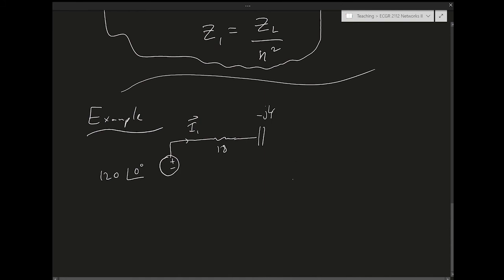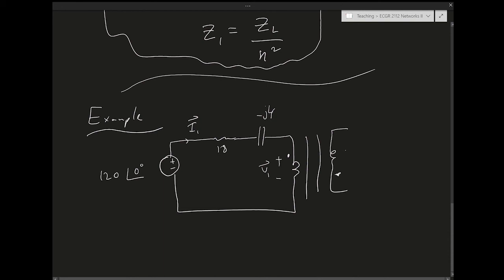Then I have the primary of the transformer, the dot is like this, and then I have V1, I have the core, and then I have the secondary, the dot is inverted. Then I have V2 here. The turns ratio is 4:1, meaning that every 4 turns on the primary corresponds to 1 turn on the secondary. And then I have current I2 going into 2 ohms and j1 ohms.